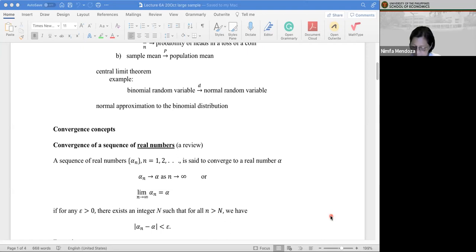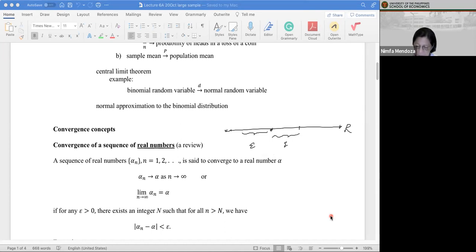So this says that, suppose this is the real number line. We have a sequence of real numbers. When do you say alpha n converges to alpha? For any epsilon, so this is epsilon, this is also epsilon.